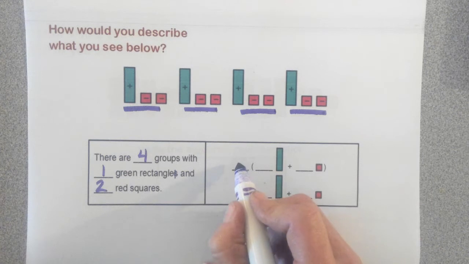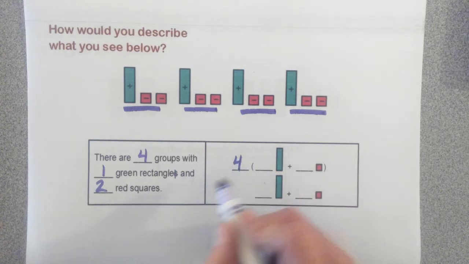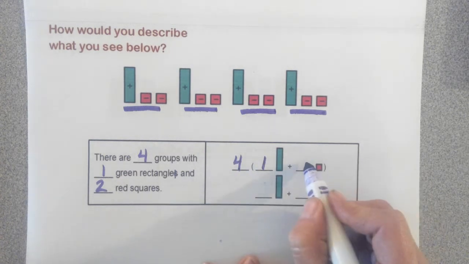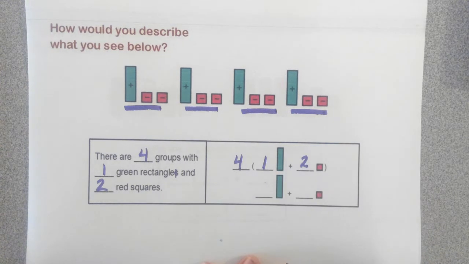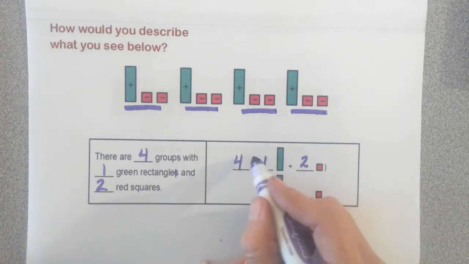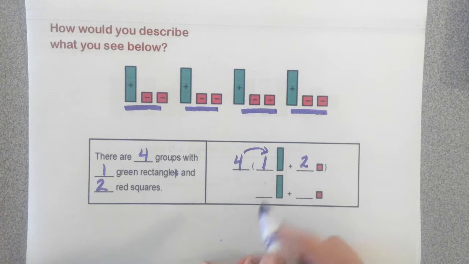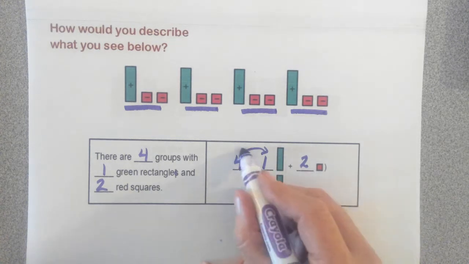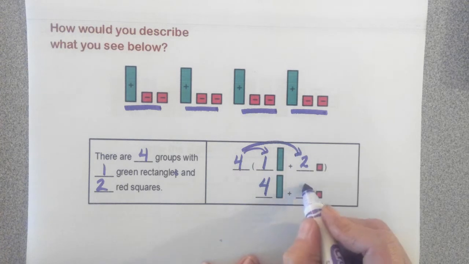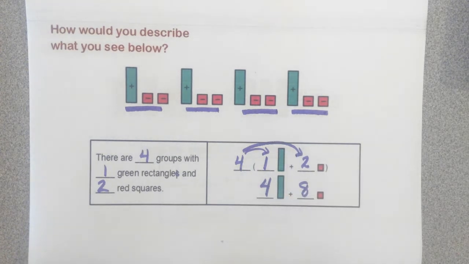So over here I'm going to say that there were 4 groups, and in each group I had 1 rectangle and 2 red squares. So all together, with there being 4 groups, having 1 in each group, I have 4 total rectangles, and 4 times 2, I have 8 total squares.